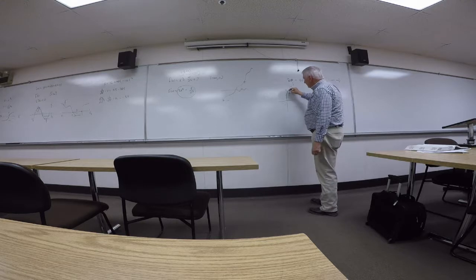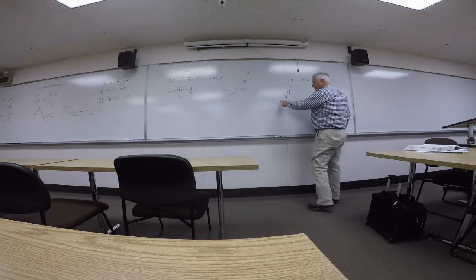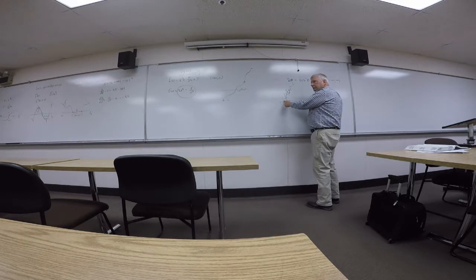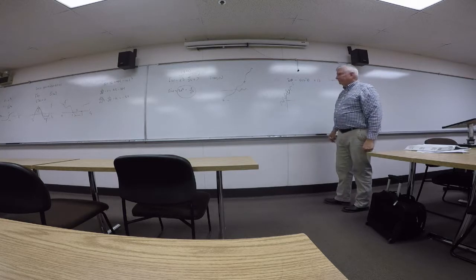But the question is, what is the slope doing? Because what if I have something like that and it crosses several times? So we have to look at the derivative of this to decide what's going to happen.